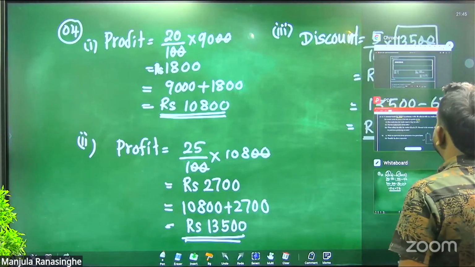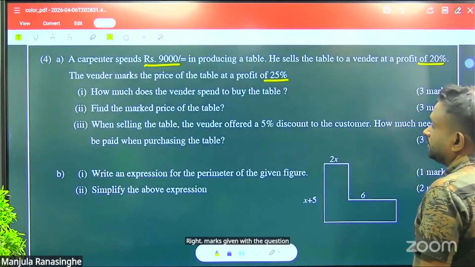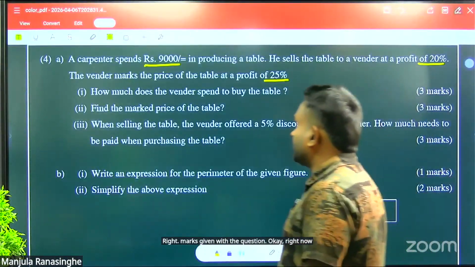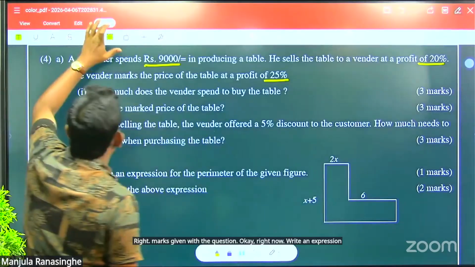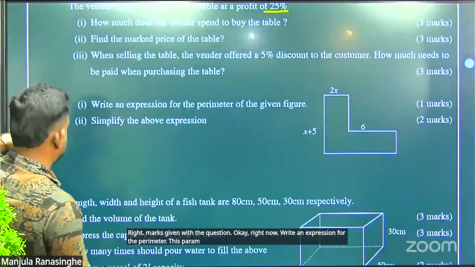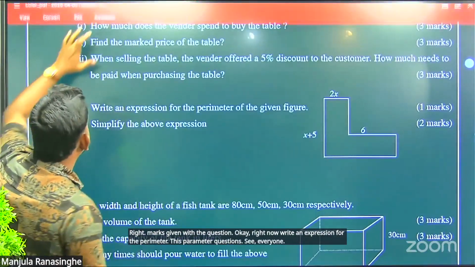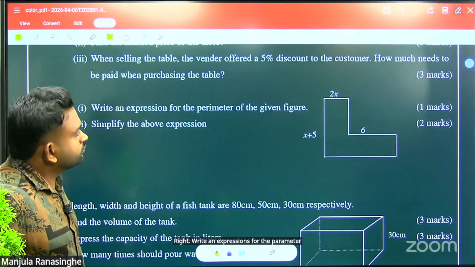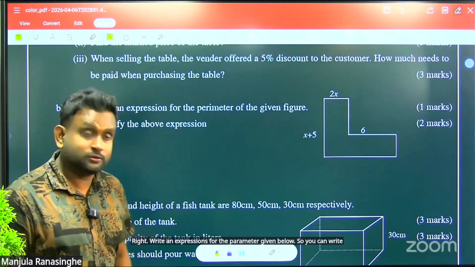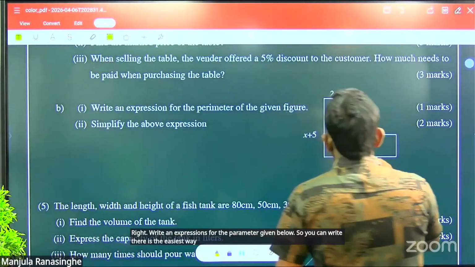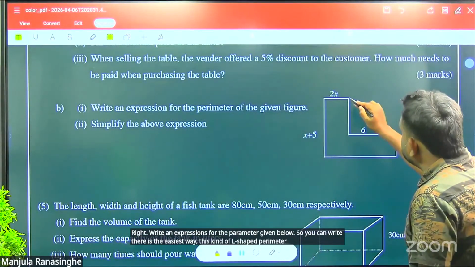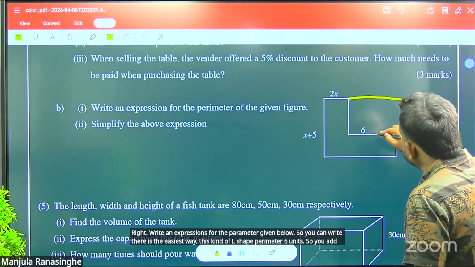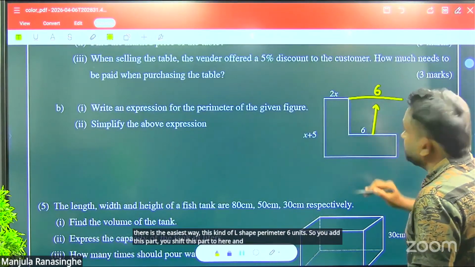Marks given with the question. Okay. Right. Now write an expression for the perimeter. This perimeter question, see everyone. Write an expression for the perimeter given below. So there is an easy way for this kind of L-shaped perimeter, 6 units. You shift this part to here and it becomes 6 units.